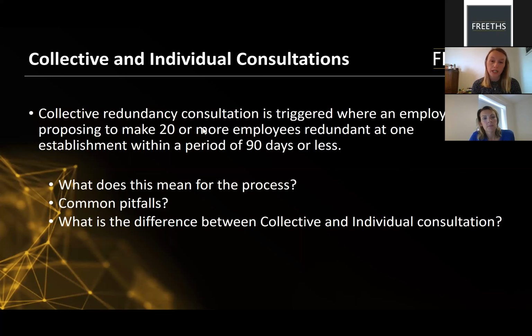So if you're looking at figures like we have, for example, in our case study, if we were to get that hugely wrong, you would be looking at up to 90 days pay for everybody who's affected, so the 62 employees, which, as you can see, would potentially add up to a substantial sum of money. So it is a process that is important to get right, and important that there is some thought and planning that has gone into the process before it starts.